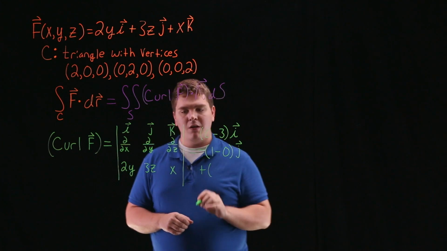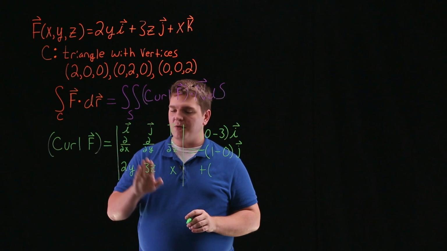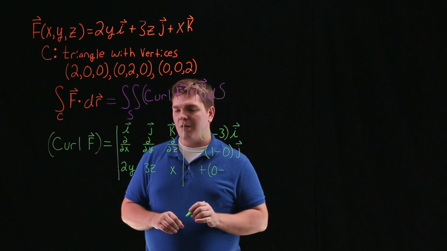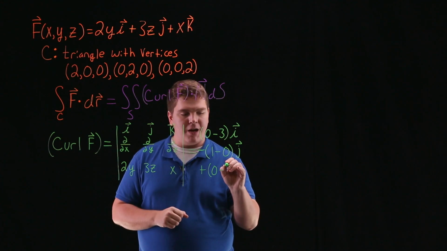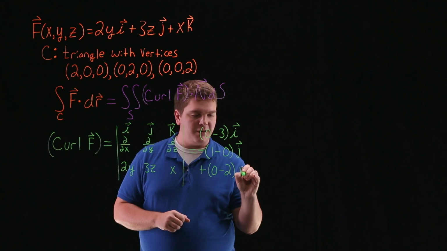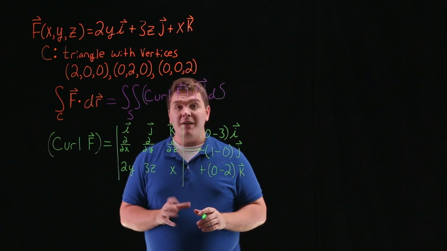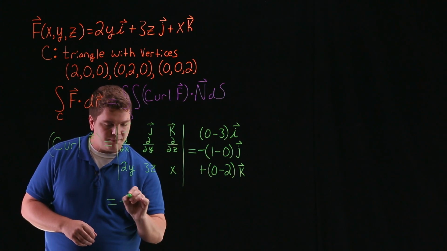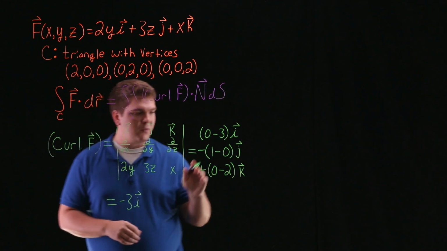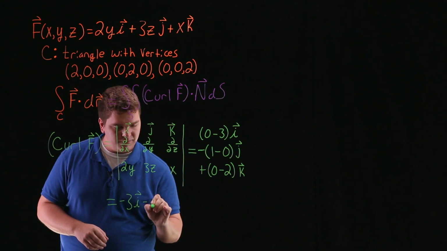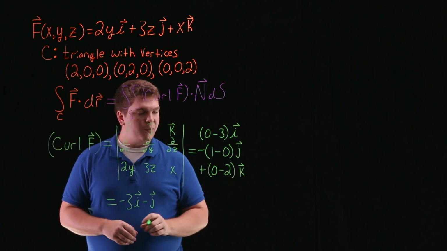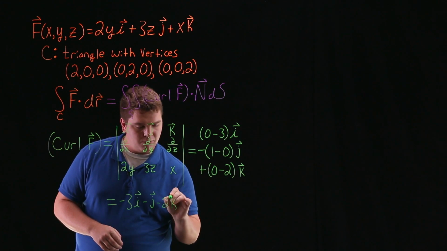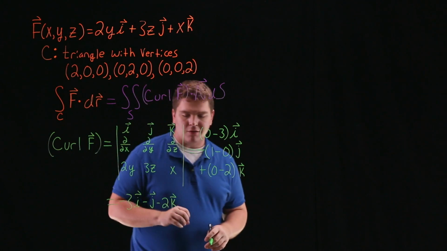For the k part, we have the partial derivative of 3z with respect to x, which is 0, minus the partial derivative of 2y with respect to y, which is 2, multiplied by k. So the curl of F is negative 3i minus j minus 2k.